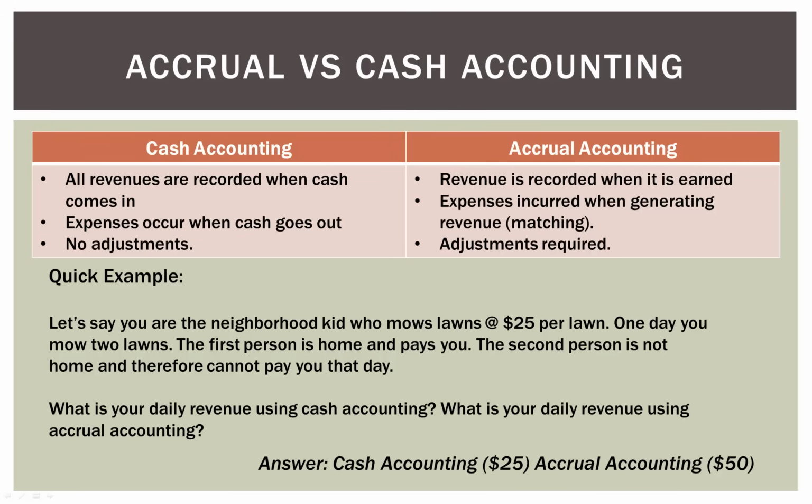However, if you're using accrual accounting, your revenue is $50 because you're counting the revenue when it's actually earned. So just this very simple kid mowing lawns example can show us the stark difference between cash accounting and accrual accounting. So let's talk about a few other examples.